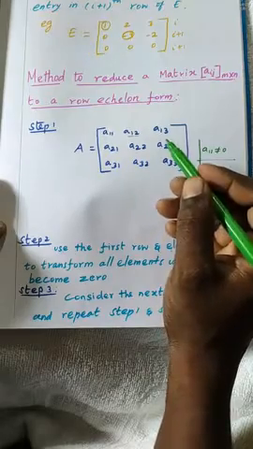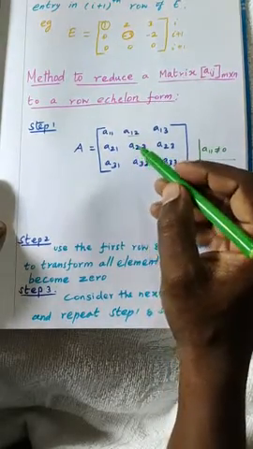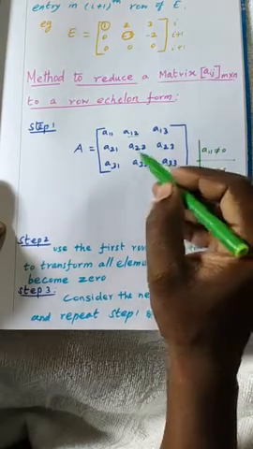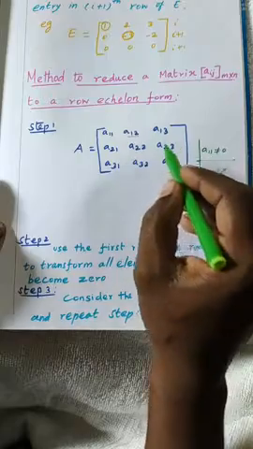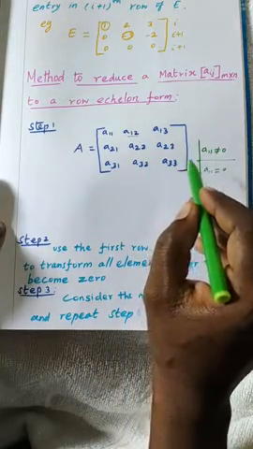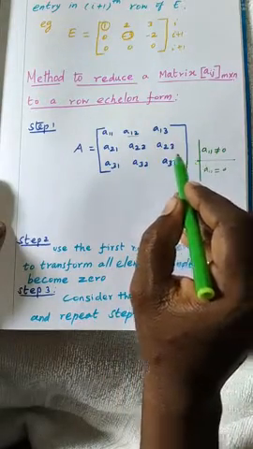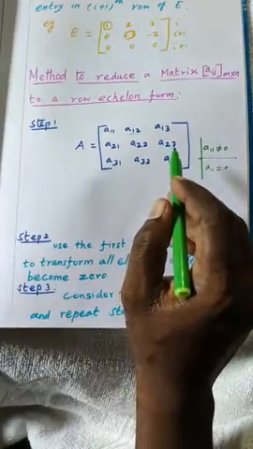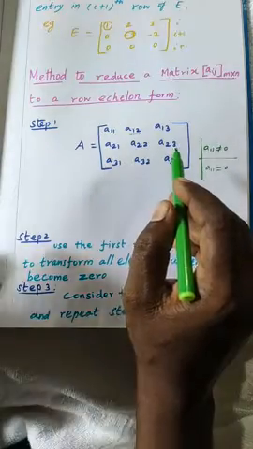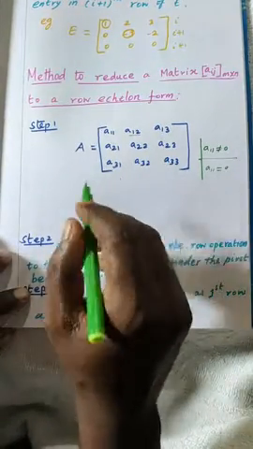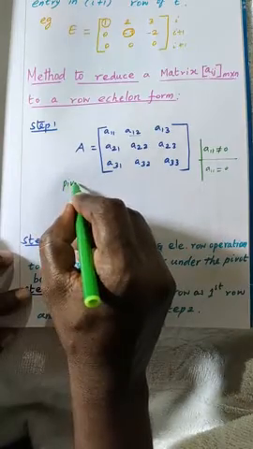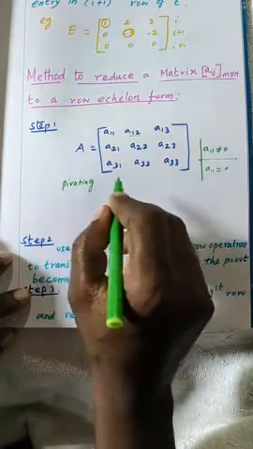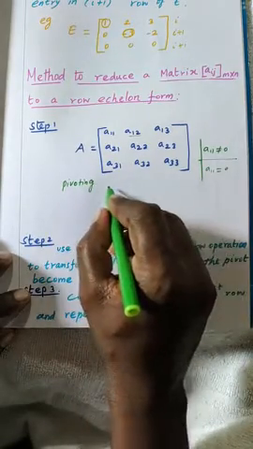If no row below the first row has a non-zero entry in the second column, then consider A13. Proceeding this way, we get a non-zero entry in the first row, which is called pivoting, and the first non-zero entry is called the pivot.